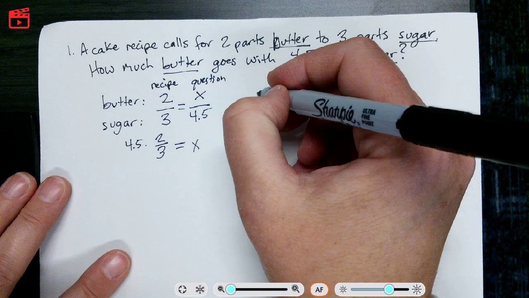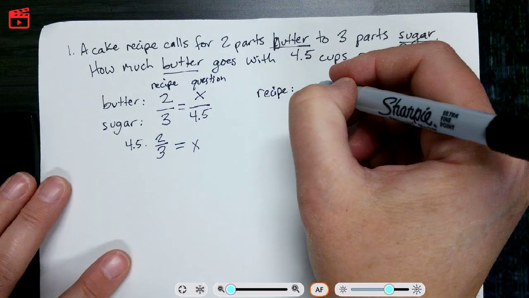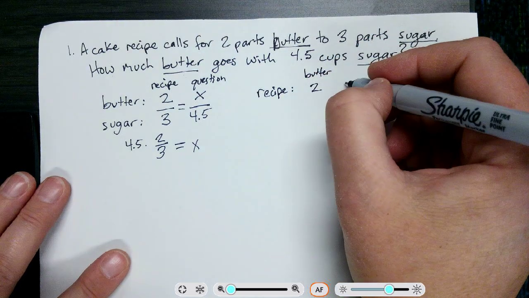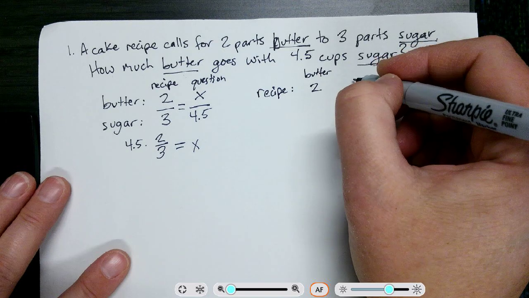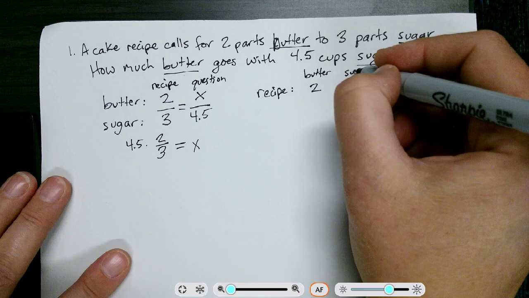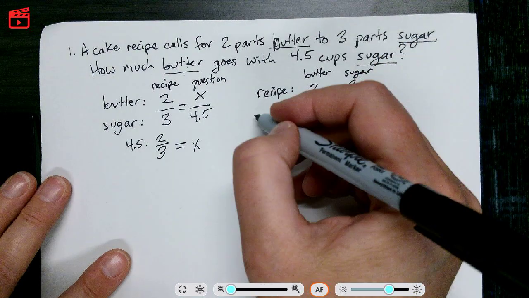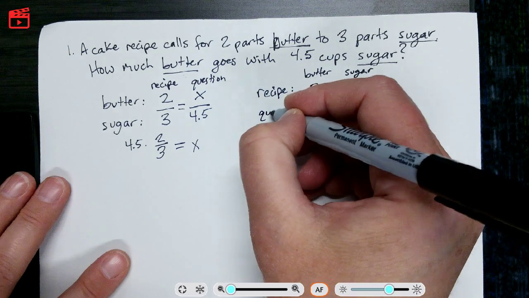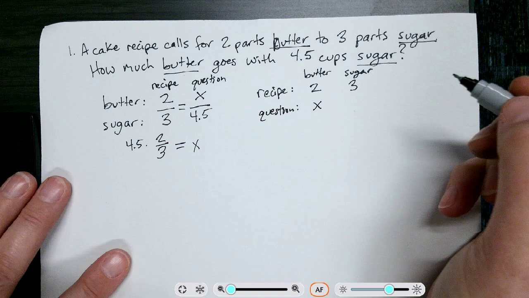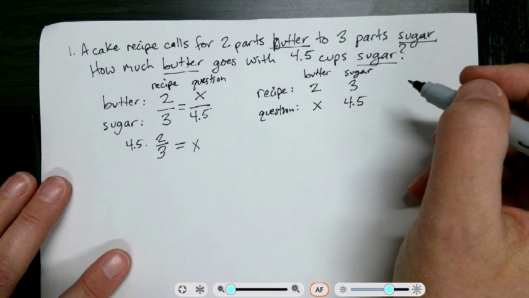I could also say, okay, in the recipe, I have 2 cups of butter, and that goes with 3 parts of sugar. And then in the question, I have an unknown amount of butter that goes with 4.5 cups of sugar.